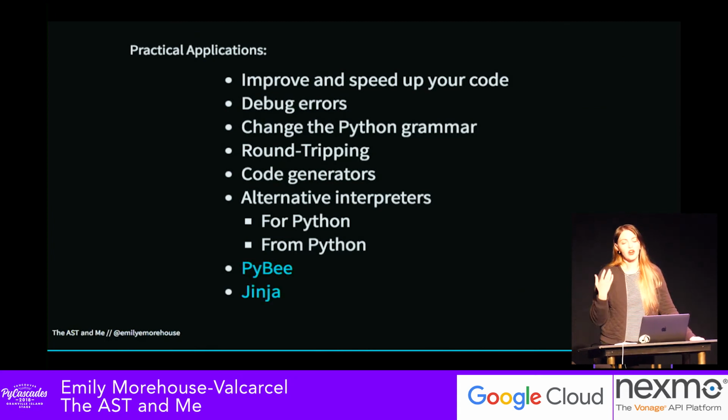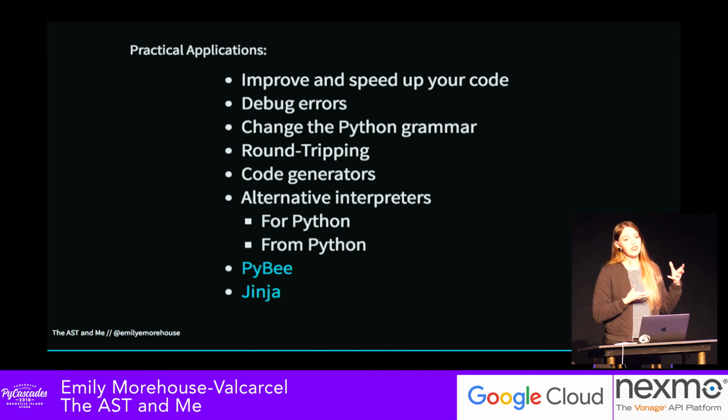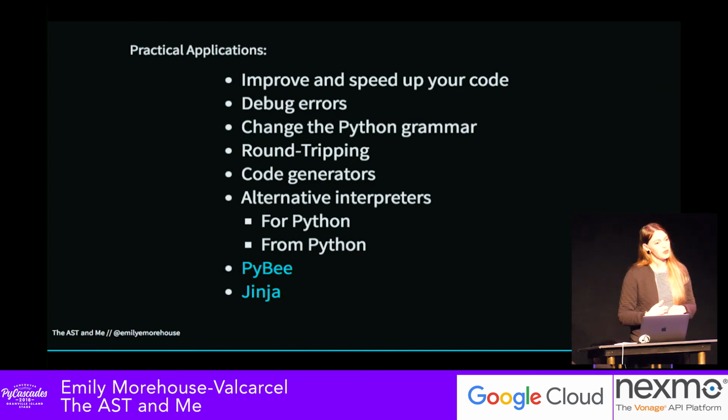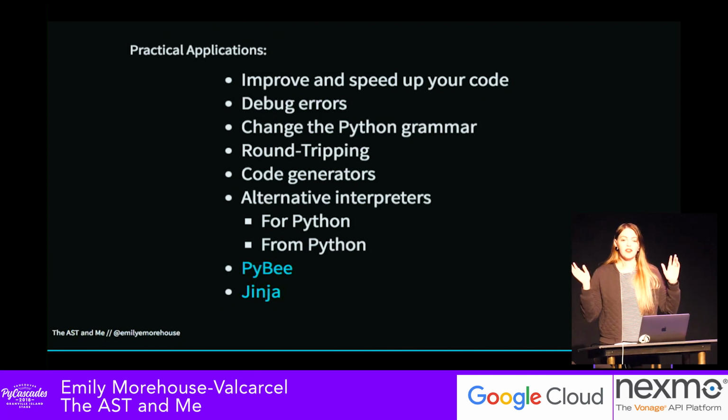And there's also a variety of tools. Jinja is another one: if you're doing any sort of web programming, somewhere along the lines, one of your packages is probably dependent on Jinja. What Jinja will do is take your HTML code, parse that into an AST, fill in all of your variables, and then pipe it back out in actual HTML that your browser can render.